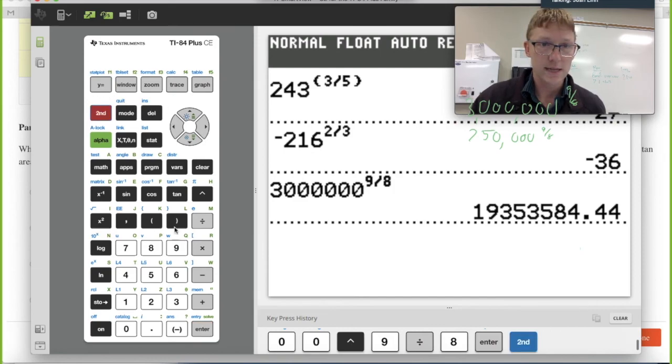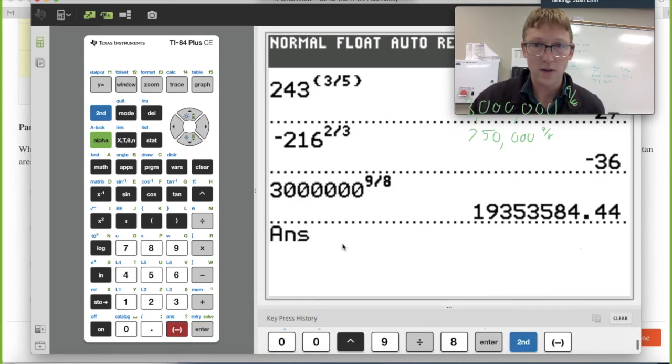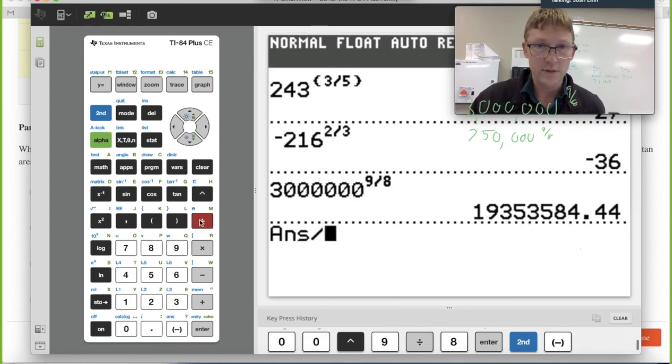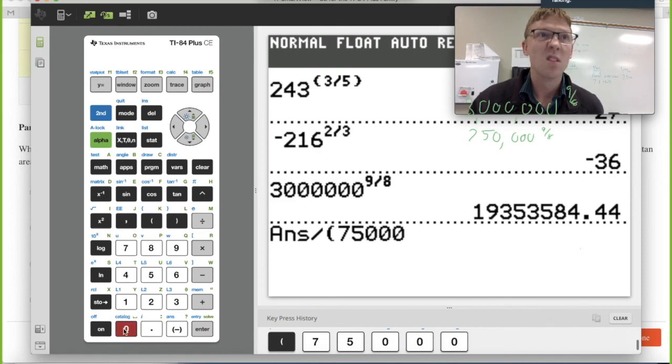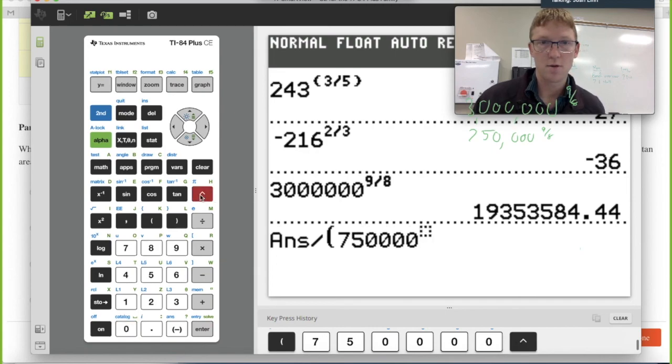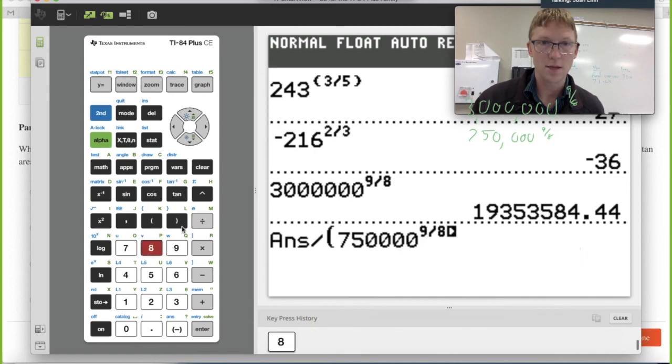So we're going to take our former answer, divide by, and I'm using parentheses because parentheses are your friend, the power of 9 divided by 8.